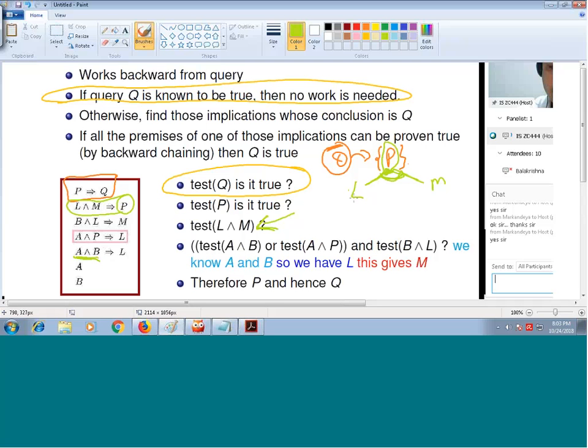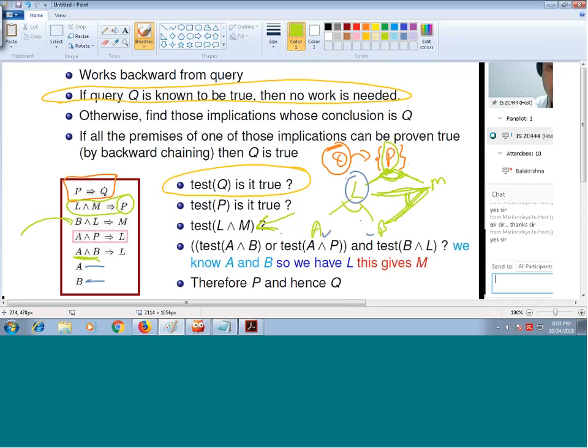For M, you see that B and L need to be true. To verify L, you can see that A and B are true, because these are entailed by your knowledge base.